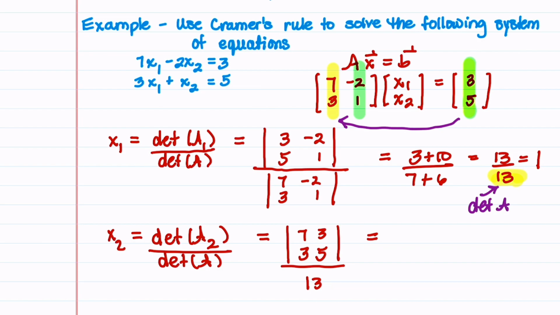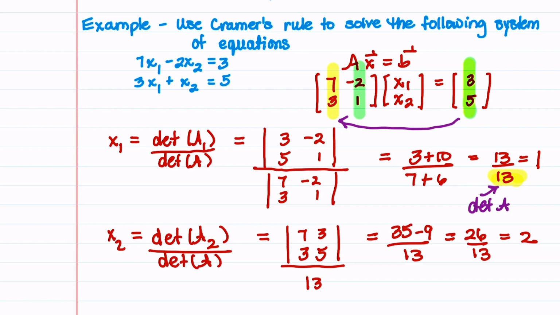So we'll just plug that in. Our top determinant is going to be 35 minus 9 divided by our 13. That gives us 26 over 13, which is equal to 2.